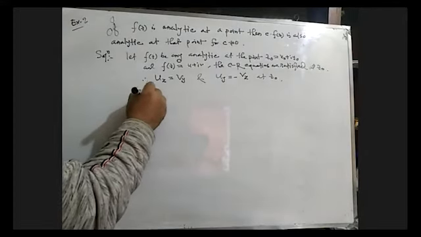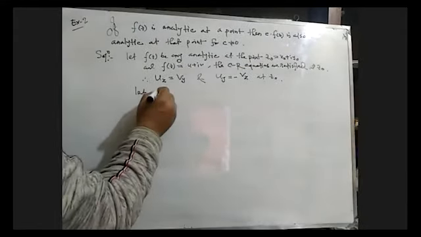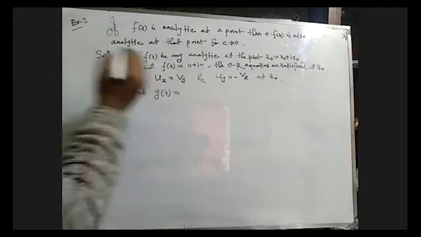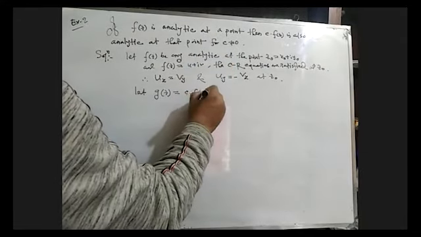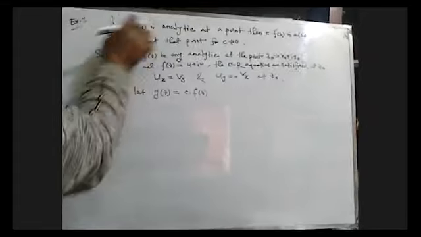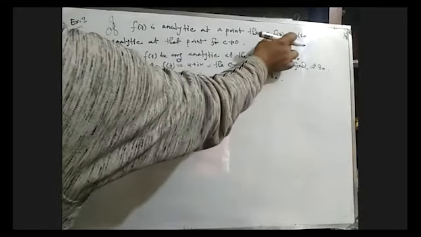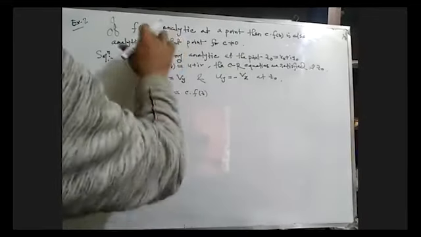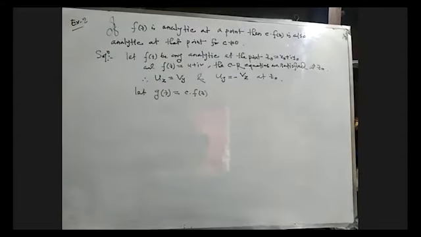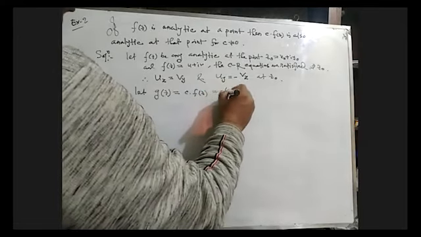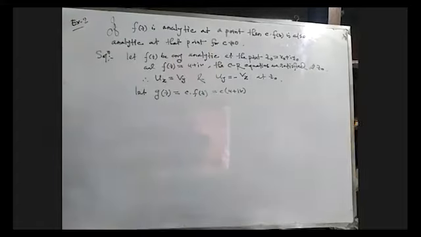Let another function, suppose capital Z of z will be c into f of z. Okay, another function, this is f of z, and this is capital Z, sorry, small z. Two types of function. So capital Z equals c into the constant multiple of the function, so we write c into (u plus i b).